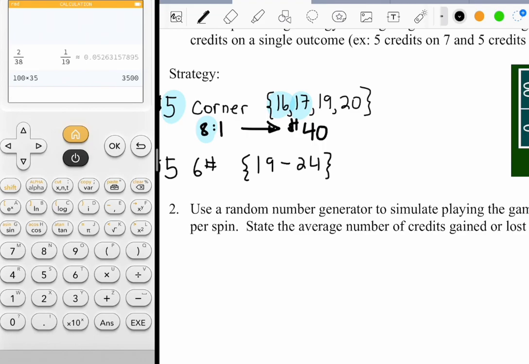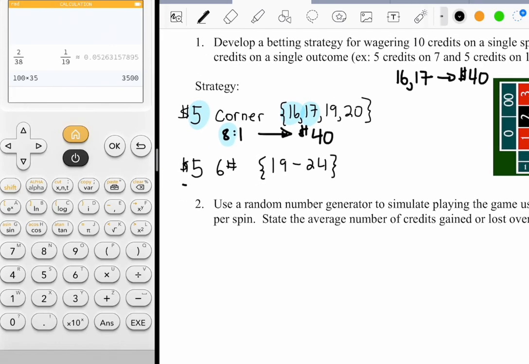What would happen is I'd get $40 for winning the corner, just like I said here, but winning this bet means that I lost this bet.